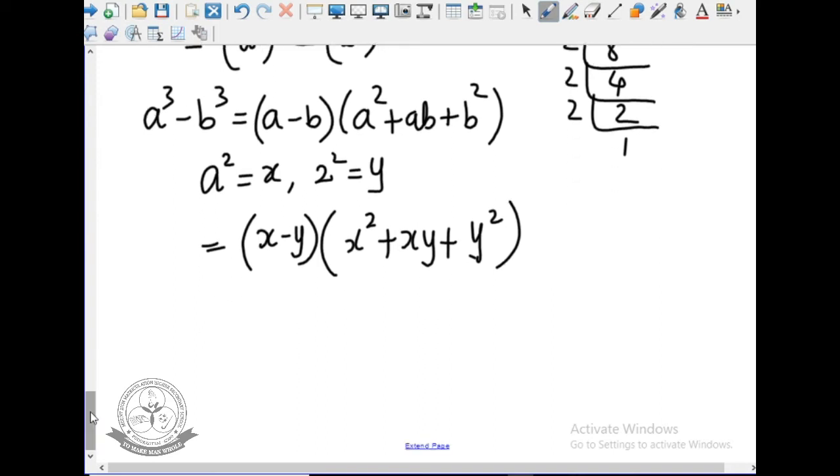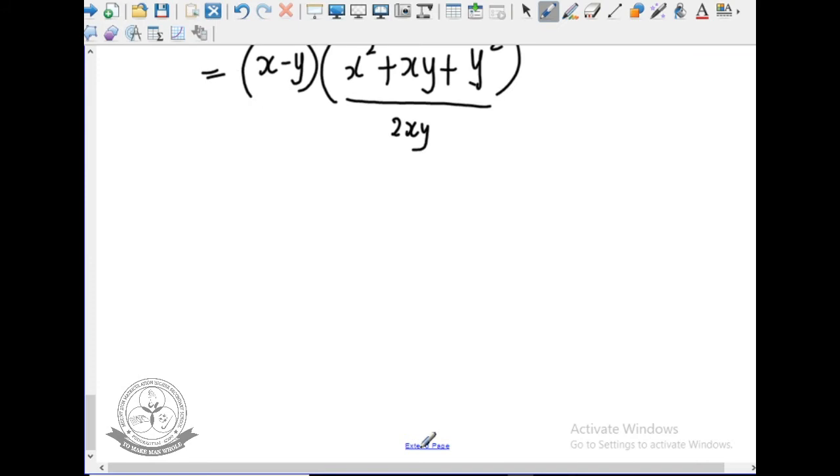For the term x square plus xy plus y square, there is no factorization identity. So we have to make it such that if we have 2xy, it will be converted into the a plus b whole square formula. So I take x minus y, and I am going to add plus xy and minus xy.